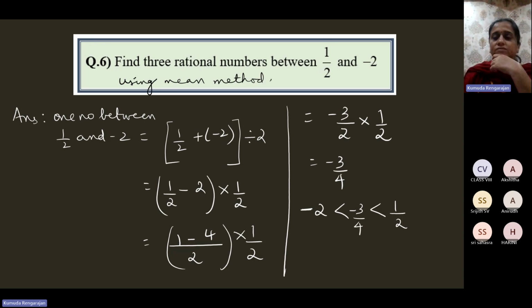So we have inserted one number between 1 by 2 and minus 2, and that is minus 3 by 4. Now we are going to find the number between these two, minus 2 and minus 3 by 4.